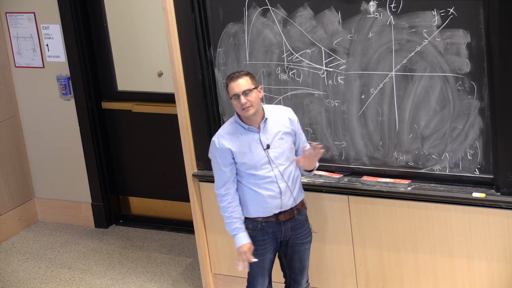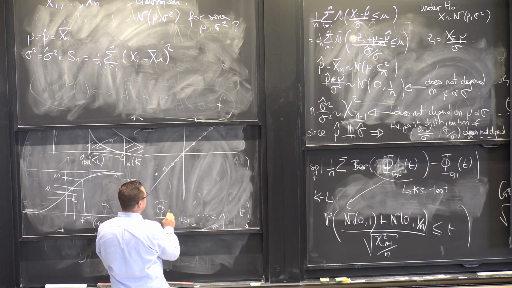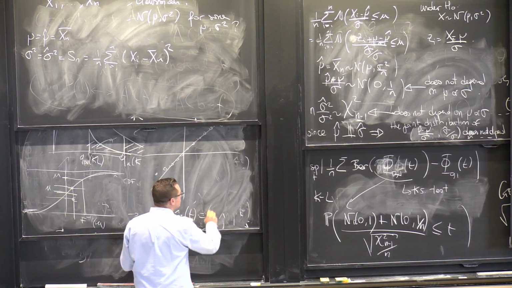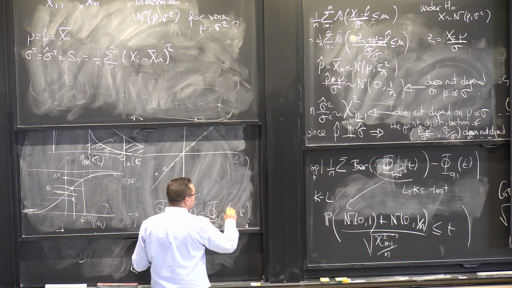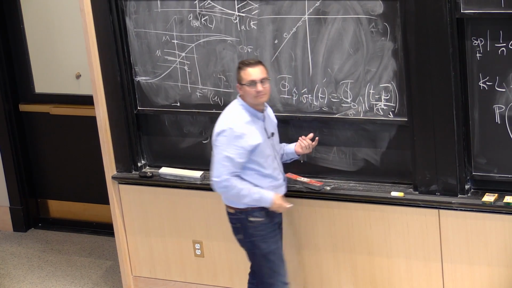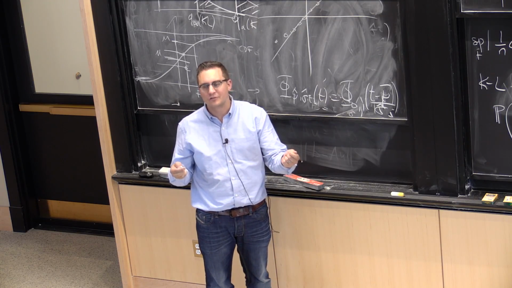And so this is not the one I should be getting. Since we actually know that Phi_{mu hat, sigma hat squared}(t) is equal to Phi_{0,1} of (t minus mu hat) divided by sigma hat, there's just this change of axis, which is actually very simple.